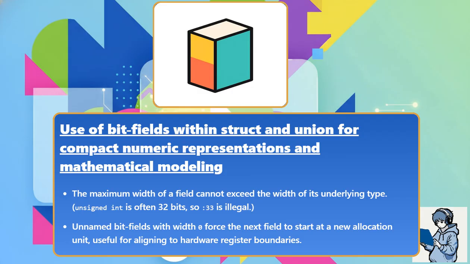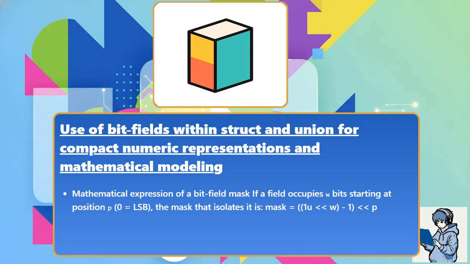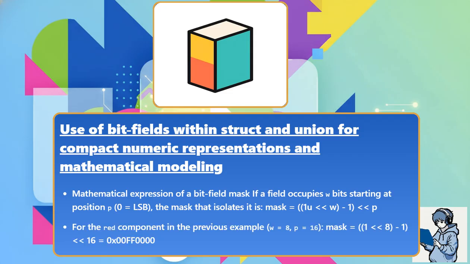Mathematical expression of a bit field mask: if a field occupies W bits starting at position P, with 0 equals LSB, the mask that isolates it is mask = ((1U << W) - 1) << P. For the red component in the previous example, W = 8, P = 16, mask = ((1 << 8) - 1) << 16 = 0x00FF0000.